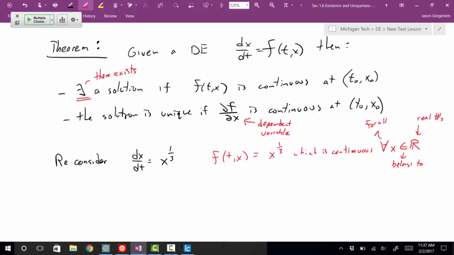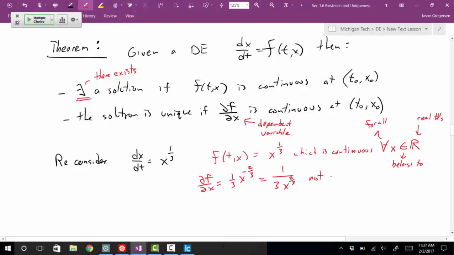All right. So I've identified my function. It's x to the 1/3. X to the 1/3 is continuous. No problems. And sure enough, there was a solution. A solution did exist. But now I have to calculate the partial of f with respect to x. That is 1/3 x to the negative 2/3, which I can rewrite as 1 over 3x to the 2/3 power, right?